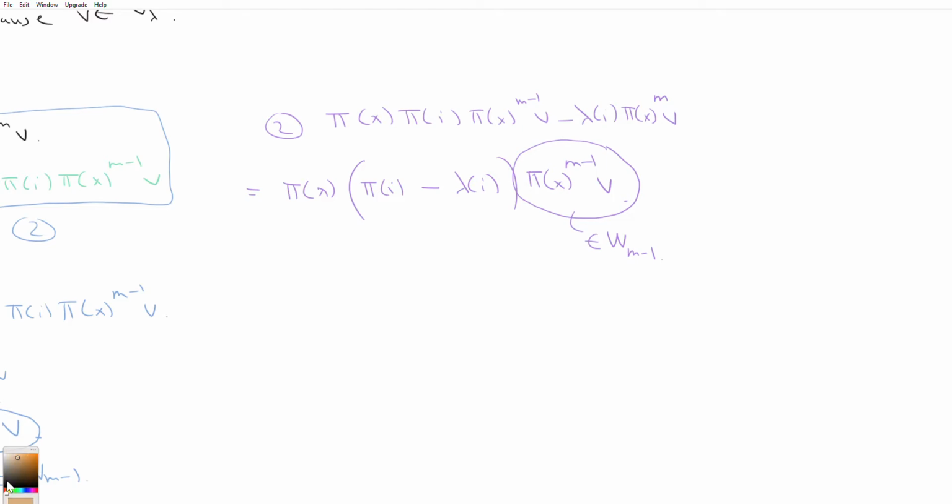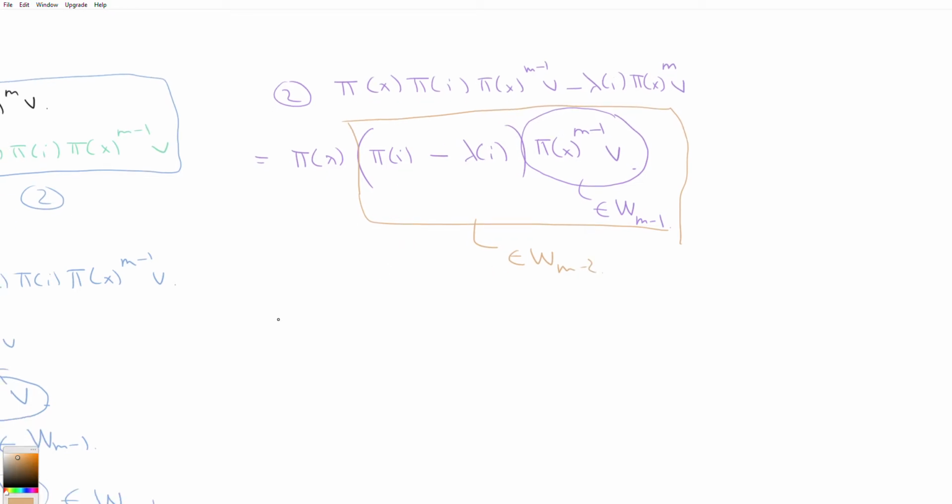Let's change colors. So this quantity now, by direct application of the inductive hypothesis, is an element of W_{m-2}. And so what we have is π(x) acting on something in W_{m-2}. So that means this entire quantity is an element of W_{m-1}.